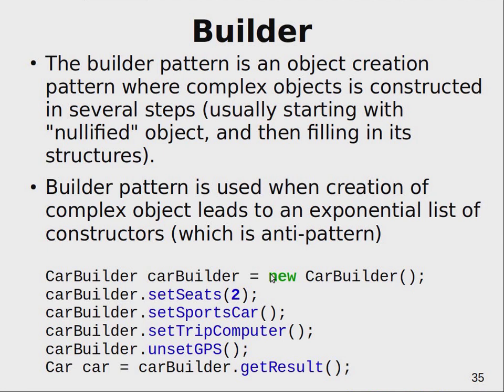So this object here can be completely empty, with no data structures inside it. The only thing this object will know about itself is that it is an instance, or object in jargon, of the car builder class. But then you add all needed internal structures step by step.